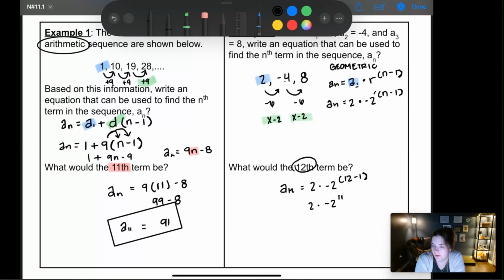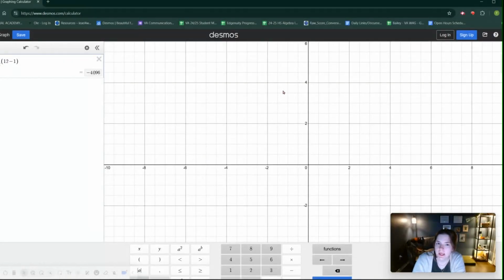If you do not know how to solve this, what can you use? Who is your best friend that you can always count on? Desmos. And you can put Desmos in exactly how you saw it there. And guess what?